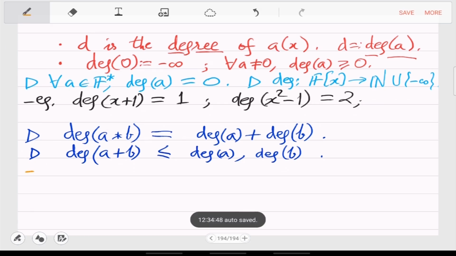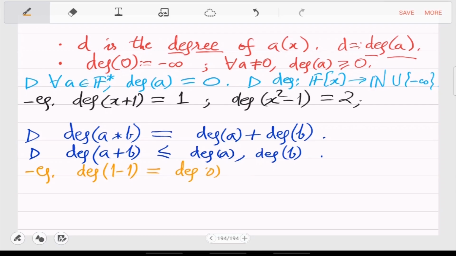What is the example? Degree of 1 minus 1, that is degree of 0, which is minus infinity, which is strictly less than 0 and 0. Degree of 1 is 0, degree of minus 1 is 0, but when you add these two things, you get a sudden loss in the degree information.